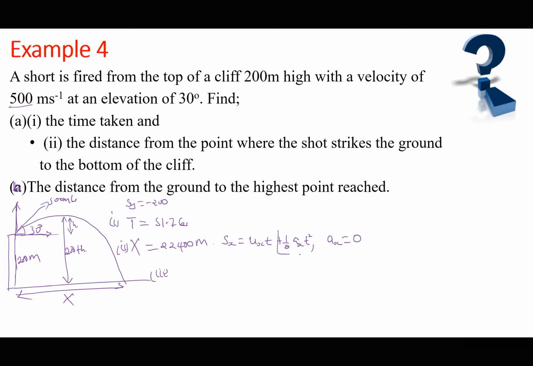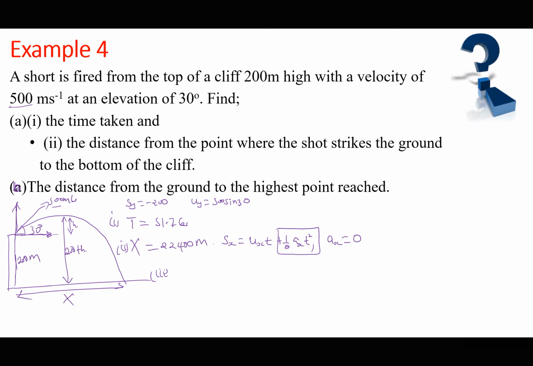So it means this part becomes 0. Remember, for initial velocity in the horizontal, you have to resolve 500 in the horizontal. If you want it in the vertical, you have to resolve 500 in the vertical, like when I was finding t. Initial velocity in the vertical is 500 sine of 30.